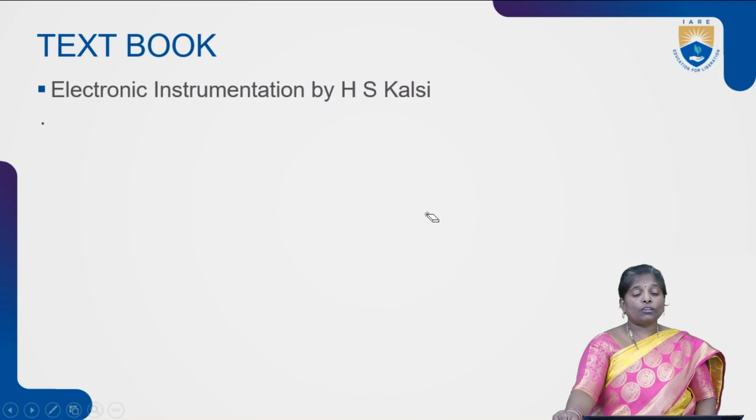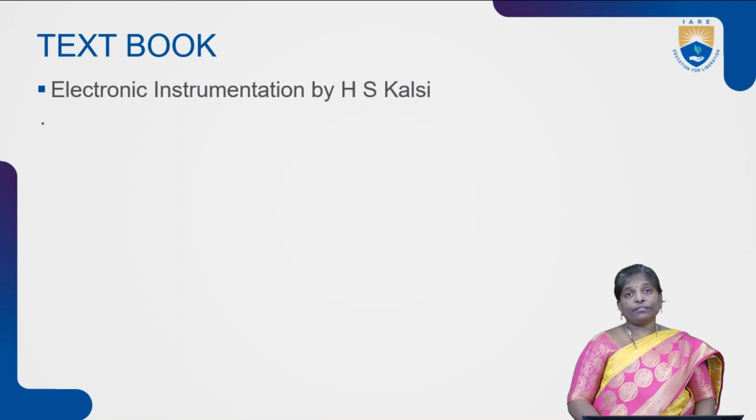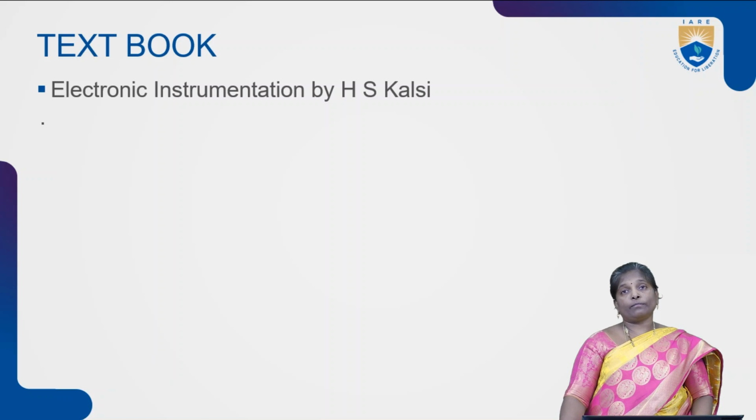In this electronic measurement and instrumentation, we have studied different types of electronic instrumentation, how they are working, and how they are helpful to measure different parameters in real life.